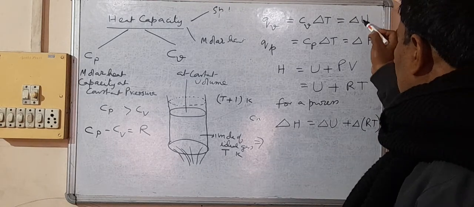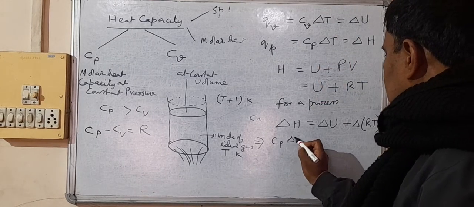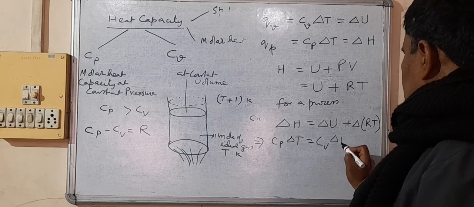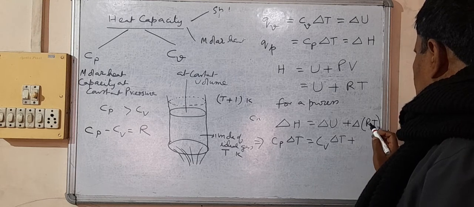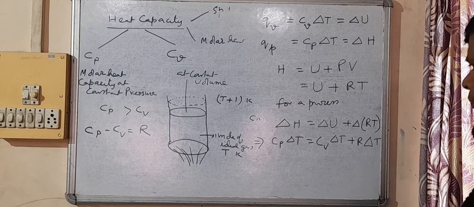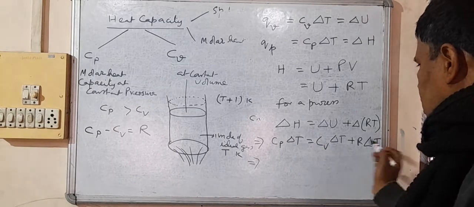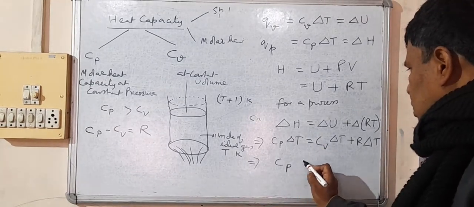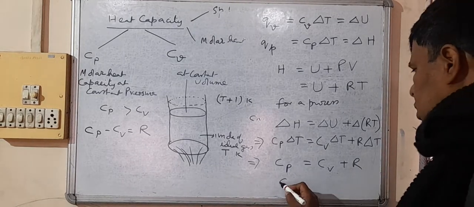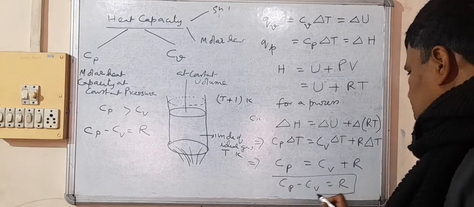Now since for delta H we can write Cp delta T, for delta U we can write Cv delta T plus, here R is constant, so R will come out, delta T. Then we can cancel out delta T from both sides, so we get Cp is equal to Cv plus R, so that Cp minus Cv equals R. So this has been proved.